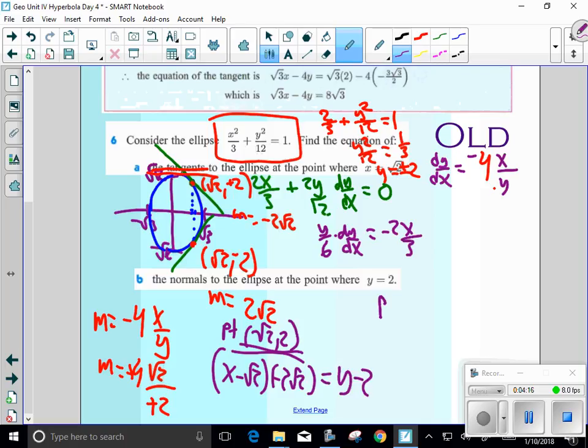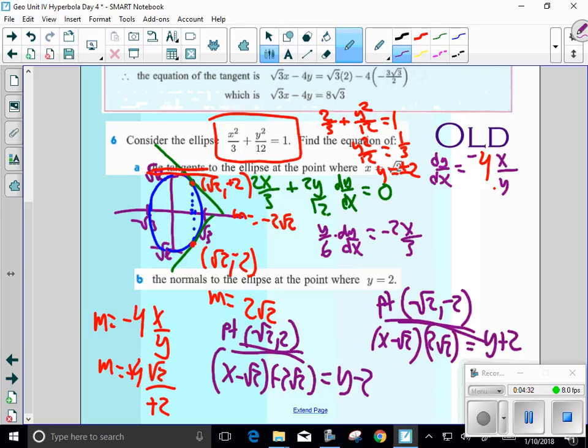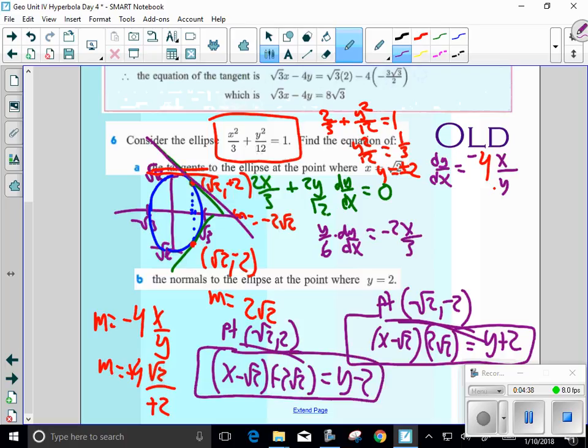For the other point, root of 2, negative 2, that one is going to be x minus root of 2 times 2 root of 2 equal to y plus 2. Those are my two answers for the two lines that are tangent to the ellipse at that point.